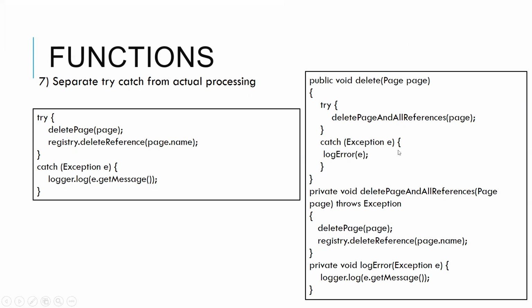So if you look clearly, the logic of the function is separated into delete page and all references, and the catching of the exception and subsequent action is handled in the log error function. So both have been clearly separated.